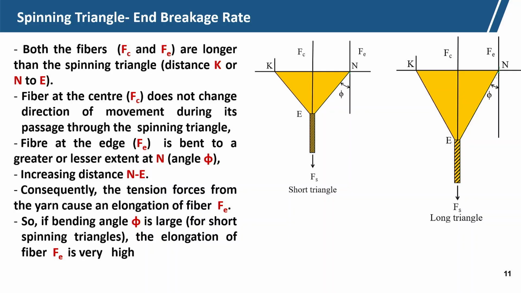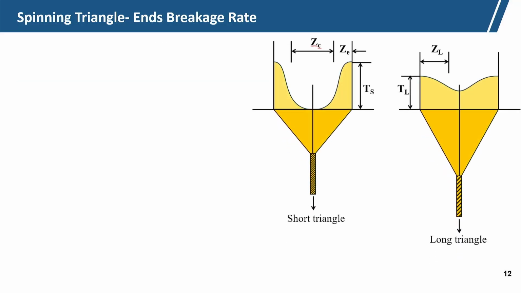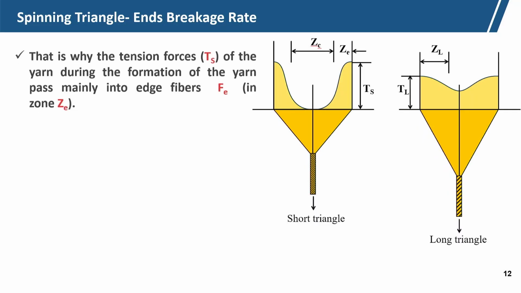So, for a short spinning triangle the bending will be larger, and the elongation of FE is very high.